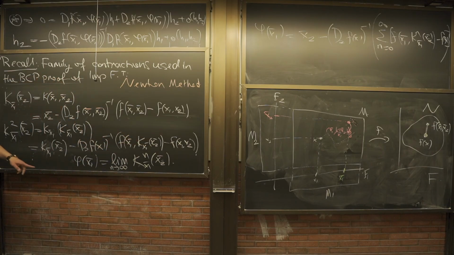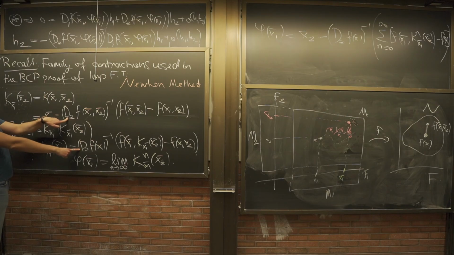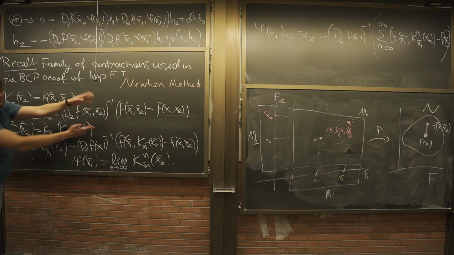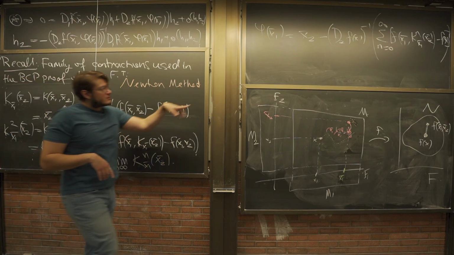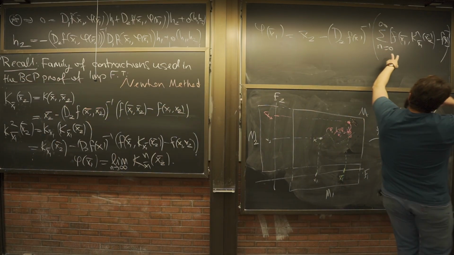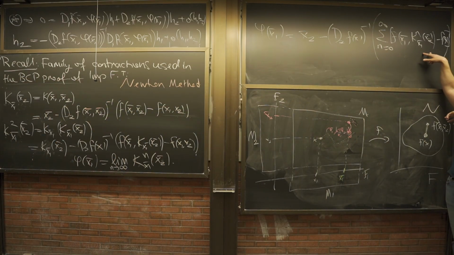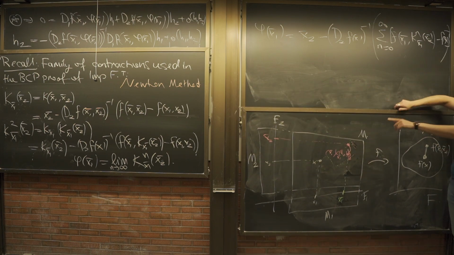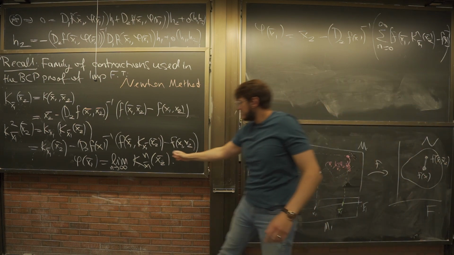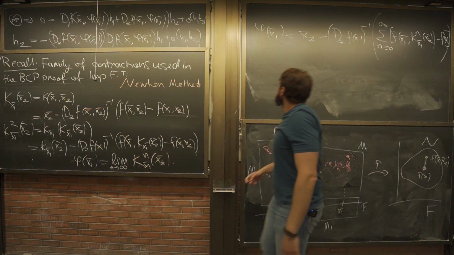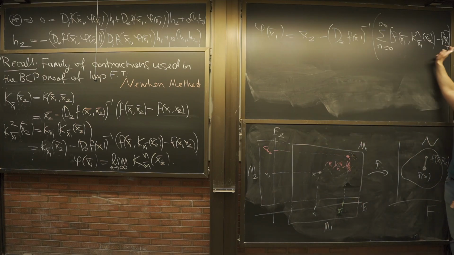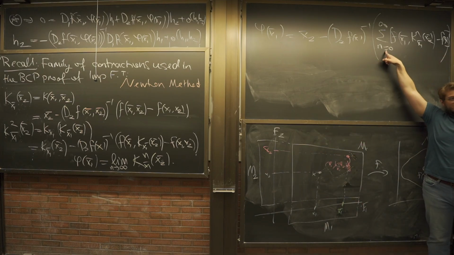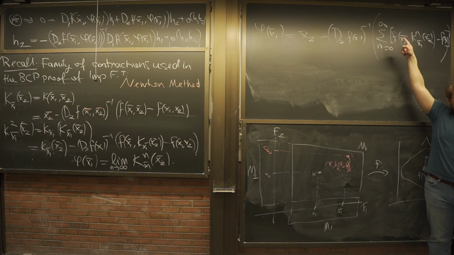But then I have two of the same linear operators applied to two vectors, so I can combine them to get this, ultimately. So the formula for this term is nothing but this formula, except that instead of the infinite sum, you have a finite sum up to degree n.